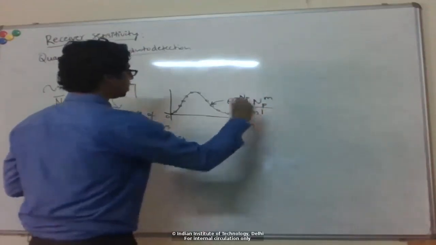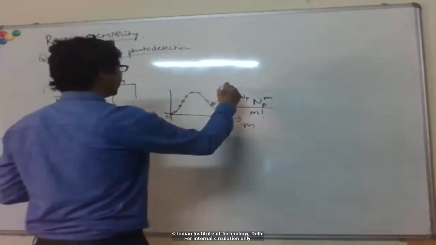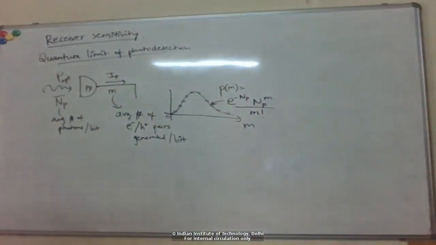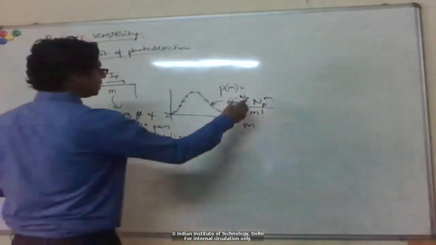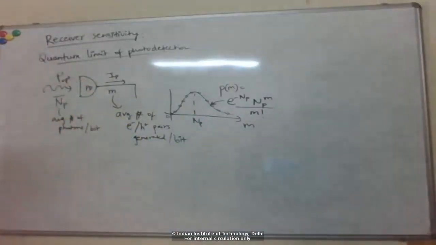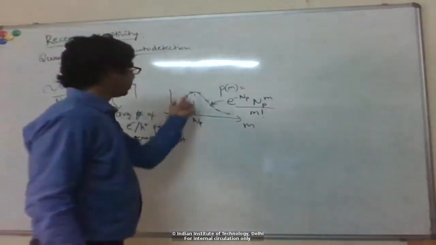So this is the Poissonian distribution, the probability of getting m electrons. The average value of m is this Np, but I don't get Np every time.